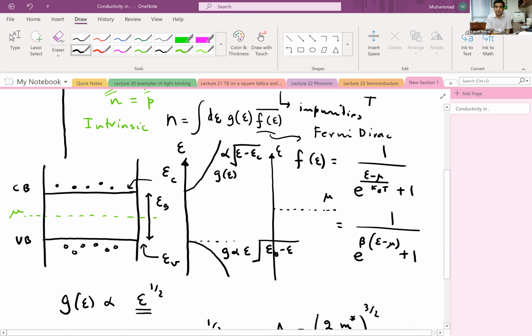Remember that the Fermi-Dirac function is the probability that an electron exists at an energy E. So what does this function look like at some finite temperature for electrons? Any clues? Any ideas?